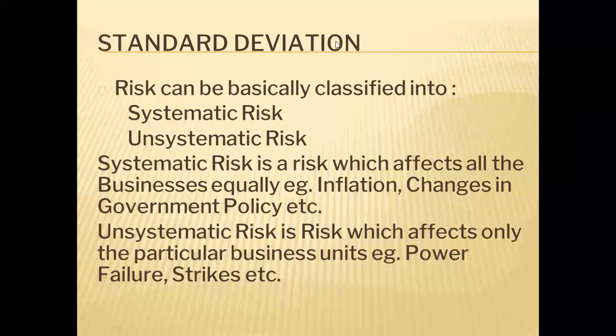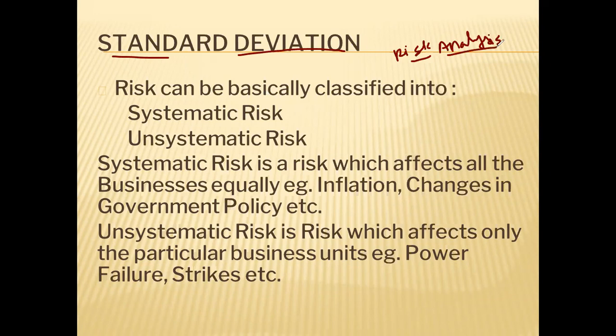Okay, so now the second method or technique for risk analysis under statistical methods is standard deviation. A very important technique for risk analysis. Now, risk can basically be classified into two categories.